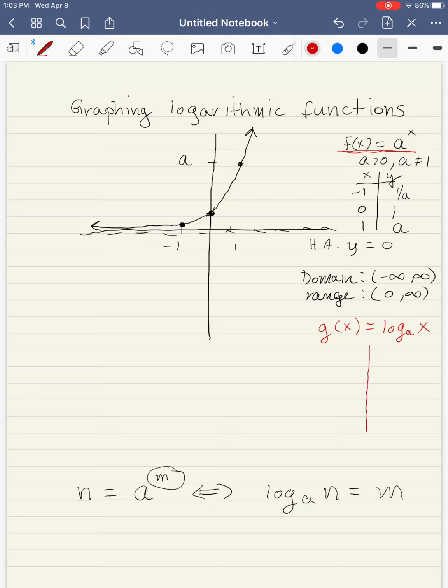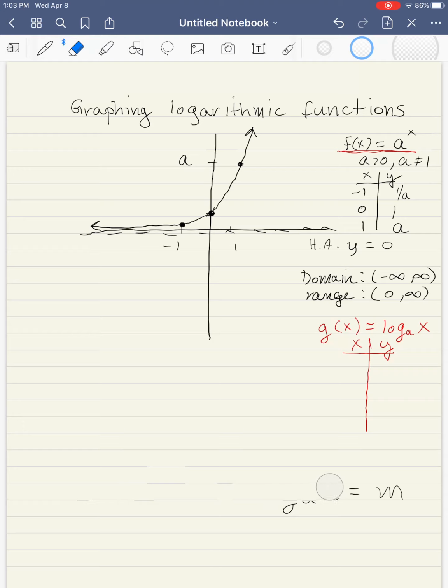And remember when we did our lesson on inverse functions, that if we have a set of ordered pairs on a function, to find the inverse function, we can just switch our x and our y.